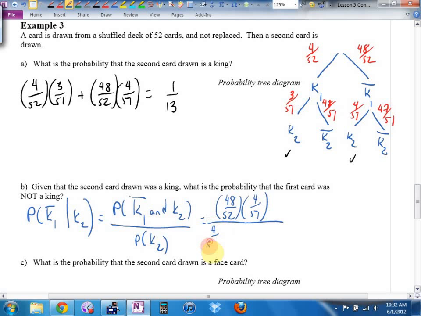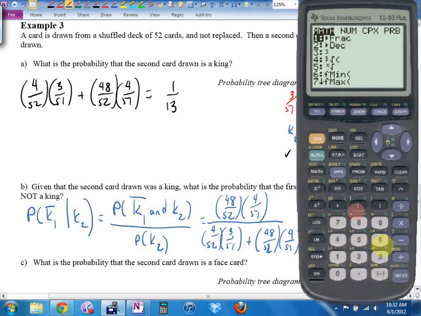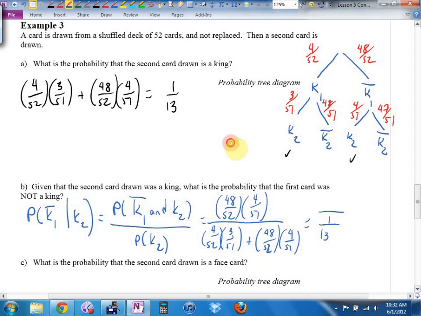It's 4 out of 52, 3 out of 51, or 48 out of 52, 4 out of 51. But that's really 1 over 13. What's the top work out to? 16 over 221.